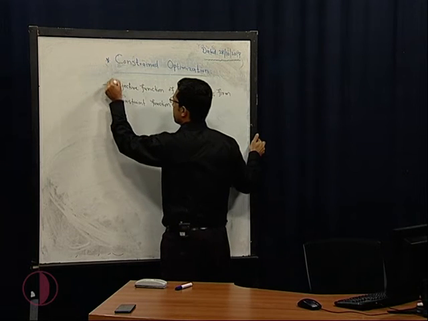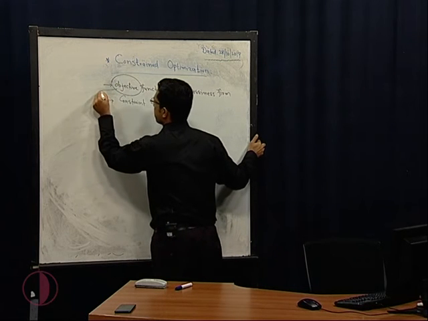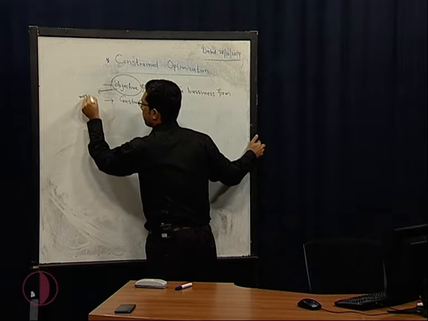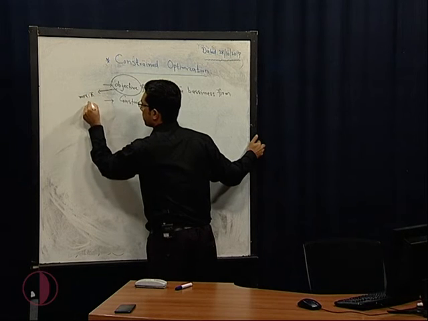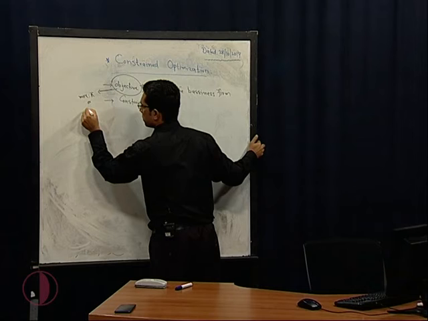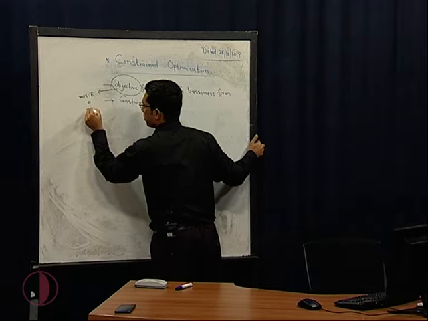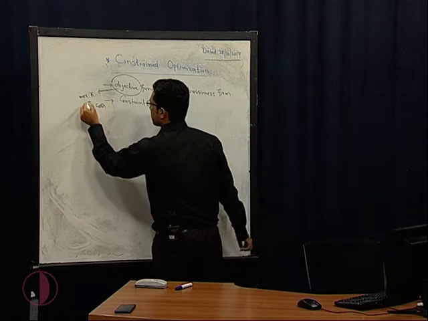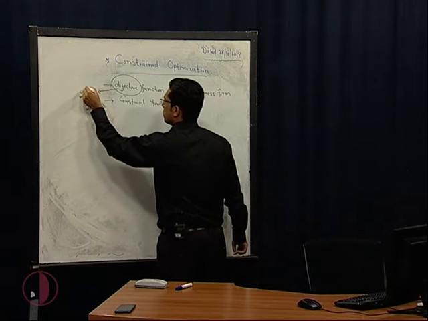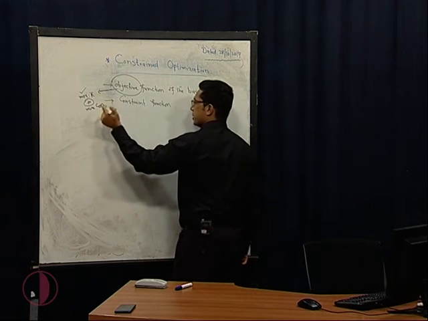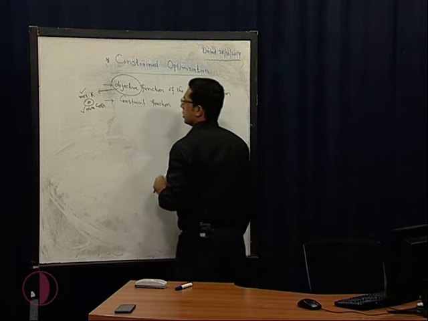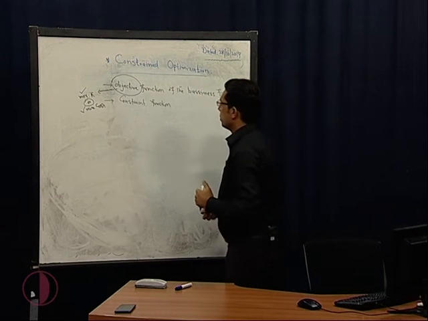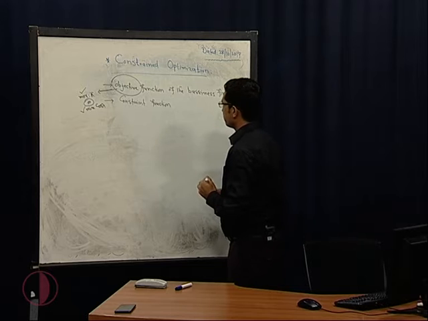Objective function of the business firm. As we know, the basic objective of a business firm is to get maximum profit or minimum cost. This is the basic objective of a business firm, either to earn maximum profit or to produce output at the lowest possible cost.